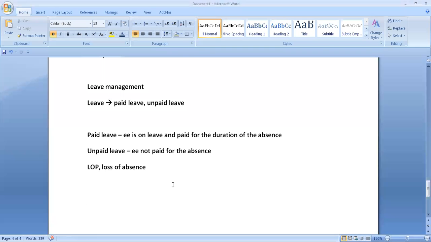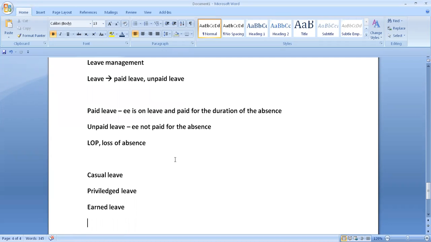So we are talking about different types of leaves. For example, casual leave. Let me type casual leave or privileged leave. Earned leave.